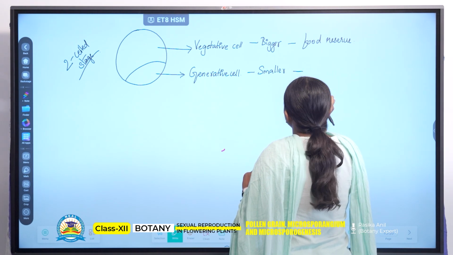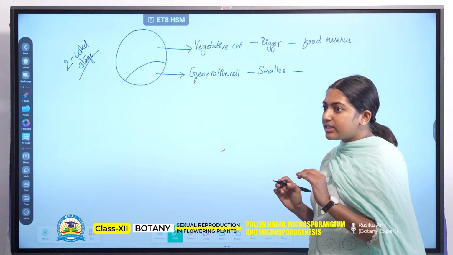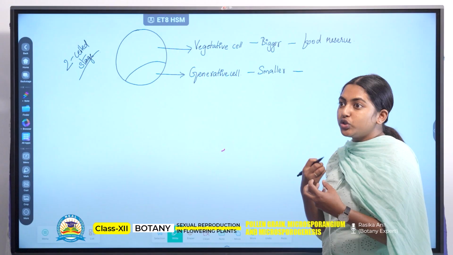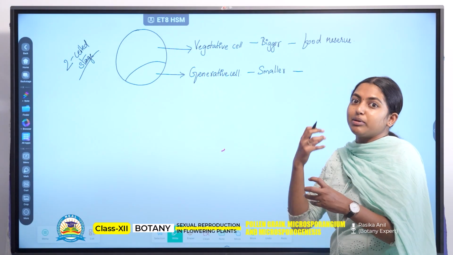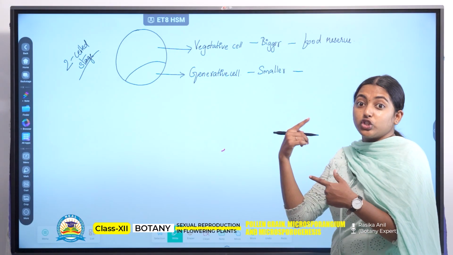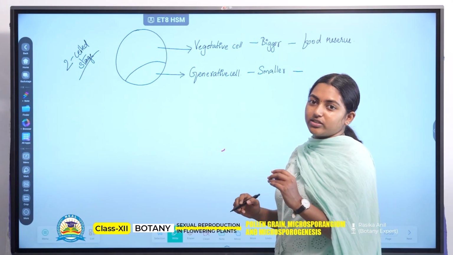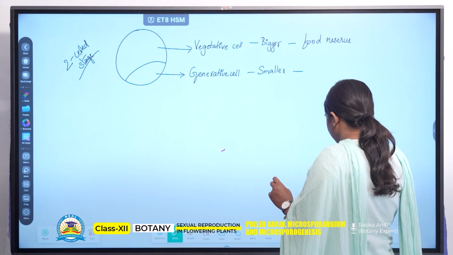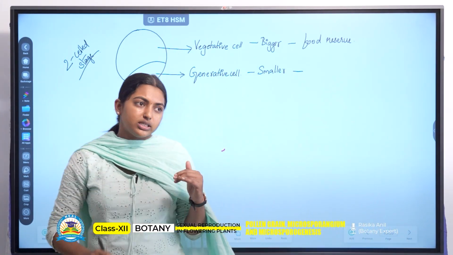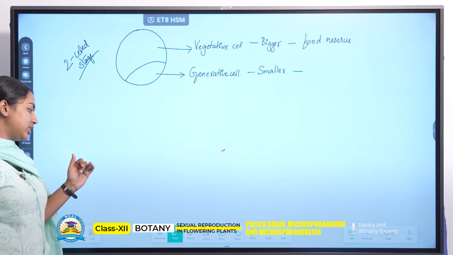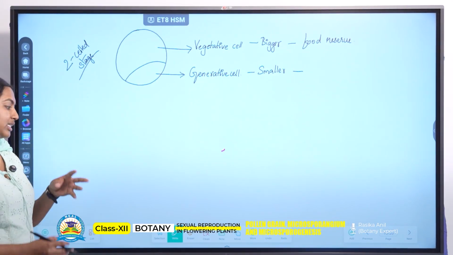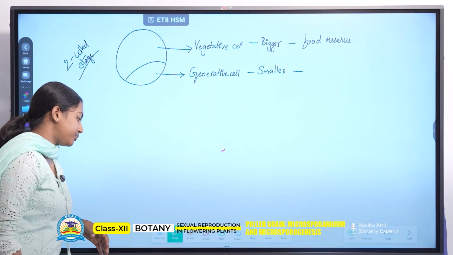And what about the generative cell? The generative cell is the one which produces the male gametes, which fuse and become the zygote, giving the next generation. That's why it is called the generative cell, right? So these are the two cells present in a pollen grain when it is dispersed, right?